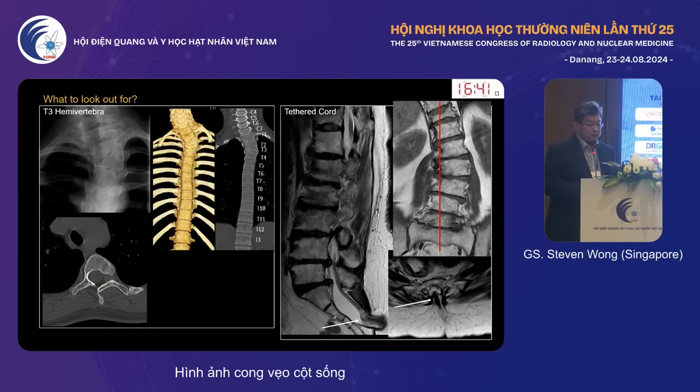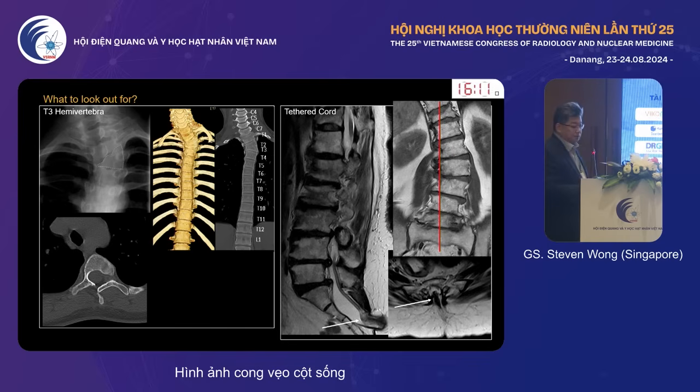So what do you look out for? Like I say, segmentation error, not very often, but it does appear. So if you get a chest X-ray and it doesn't look quite right, look and see whether the vertebral bodies are normal or not. CT is the next gold standard modality to evaluate, especially if I can do a 3D VRT version to help better visualize the type of segmentation anomaly.